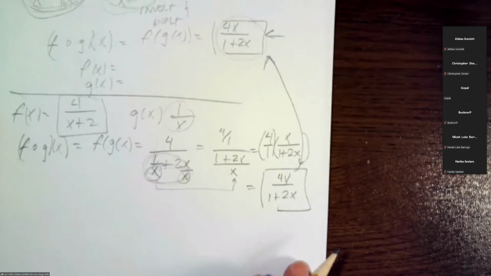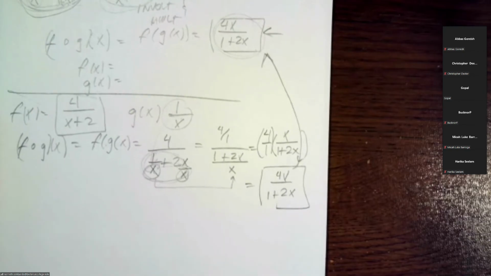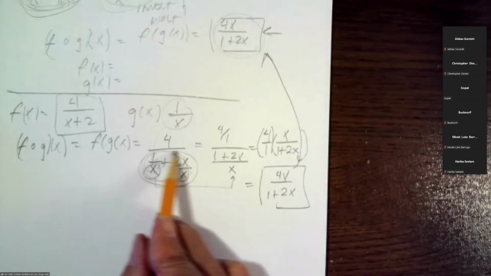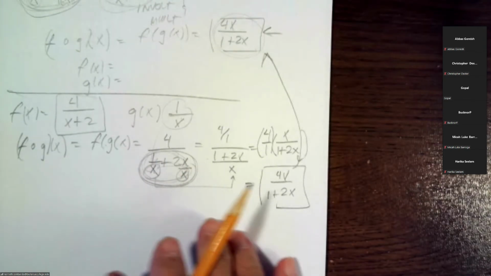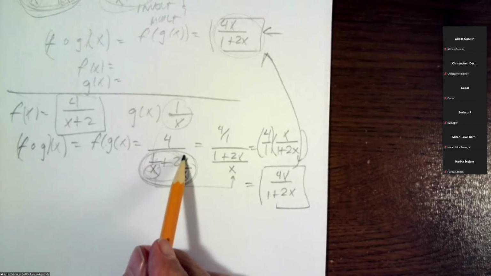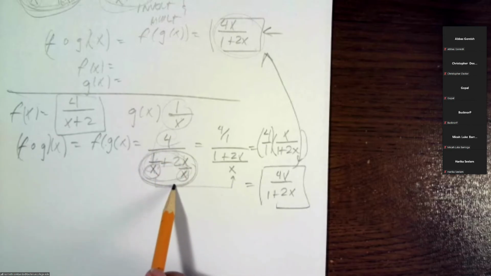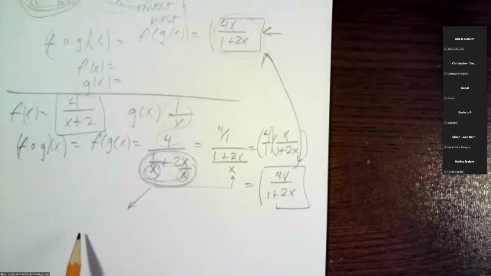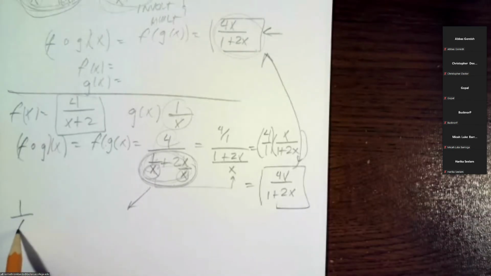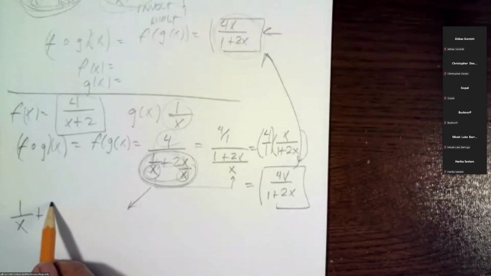So when you multiplied 2 by x over x, don't you have to multiply 4 also? Down here, you're talking about this? Yeah. Okay, let's make this a separate problem. So this is 4 over something, and we're going to make this something a separate problem. So we have 1 over x plus 2.